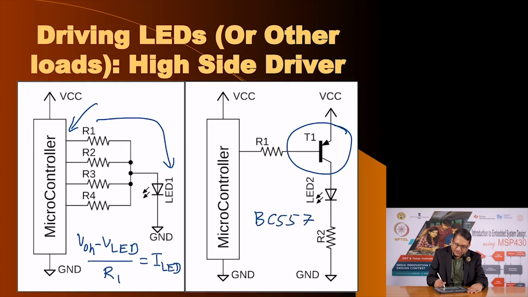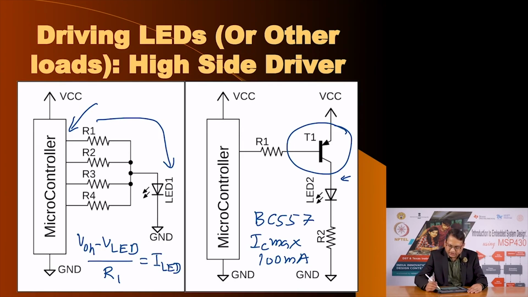It can handle IC max of about 100 milliampere, and using this configuration we can apply VCC to this part, minus of course the VCE sat of this transistor, and using the same arguments we would be able to drive LED 2 with larger current.